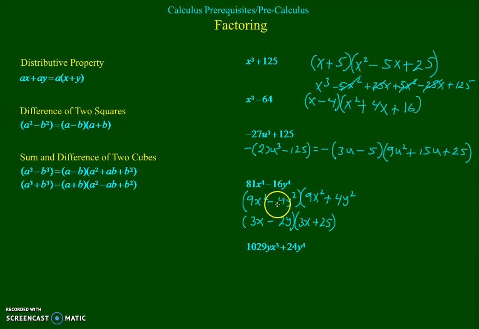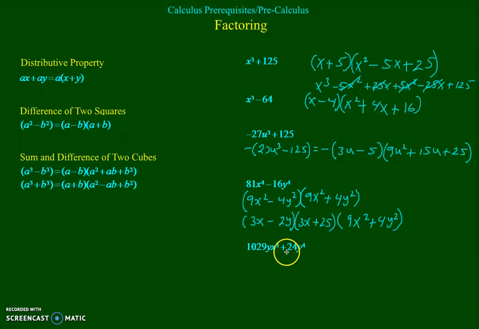So this is the difference of two squares here, and then we just copy back down the sum of two squares because this doesn't have a factor. This can't be broken apart. So we have 9x squared plus 4y squared. So this is this factored out.